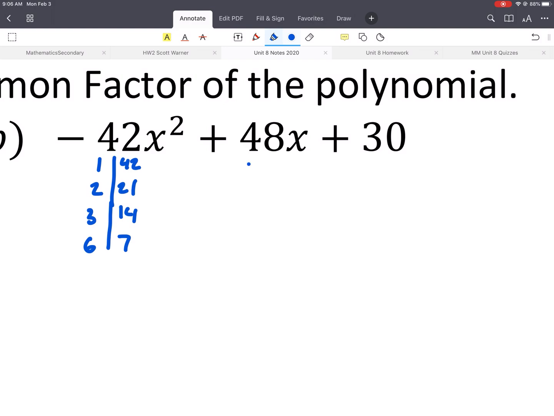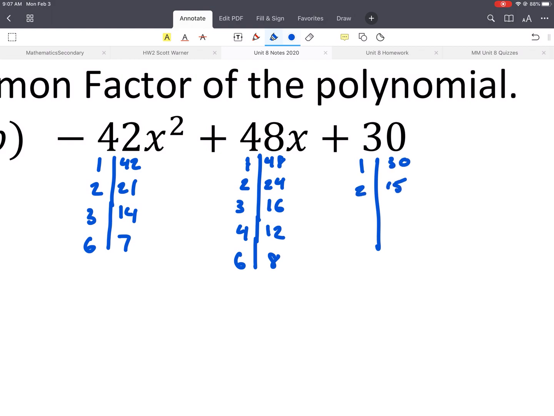Okay, 48, 1 and 48, 2 and 24, 3 goes in, 48 divided by 3 is 16, 4 goes in 12 times, 5 doesn't, 48 divided by 6 is 8, so 6 and 8, and 7 doesn't go in. So that completes that. And we have 1 and 30, 2 and 15, 3 and 10, 4 doesn't go in, 5 goes in 6 times.